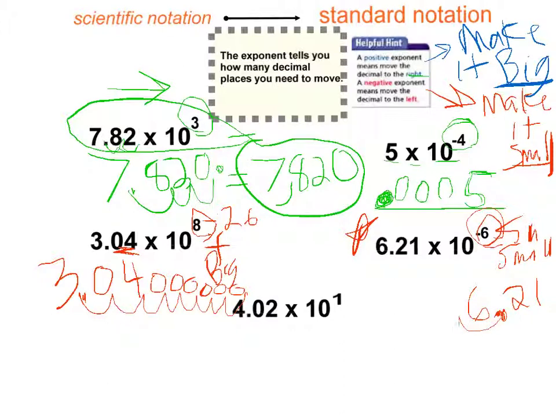So 1, 2, 3, 4, 5, 6. So I need 1, 2, 3, 4, 5 zeros. So my answer to this one is 0.00000621.